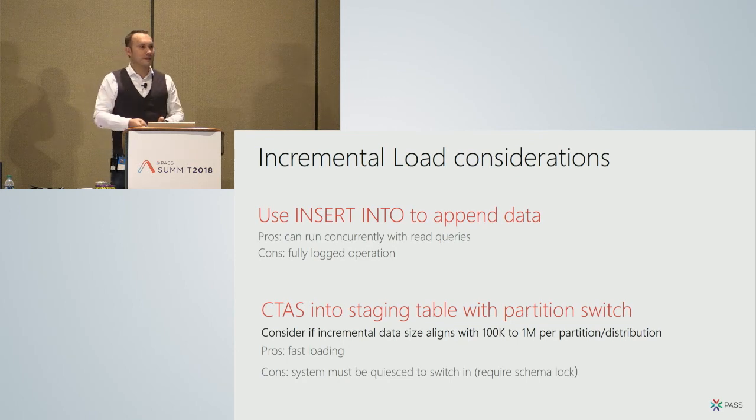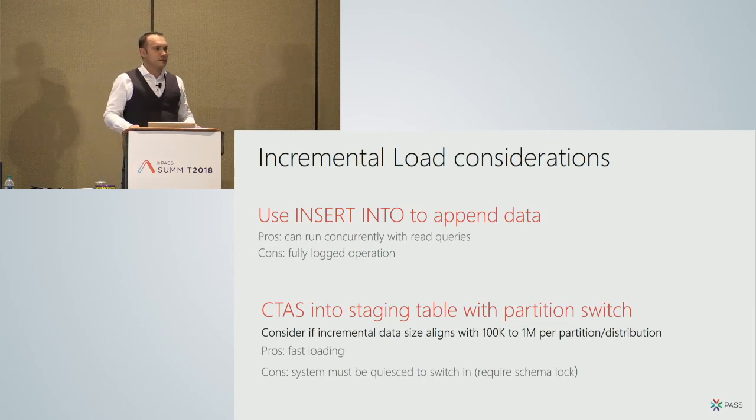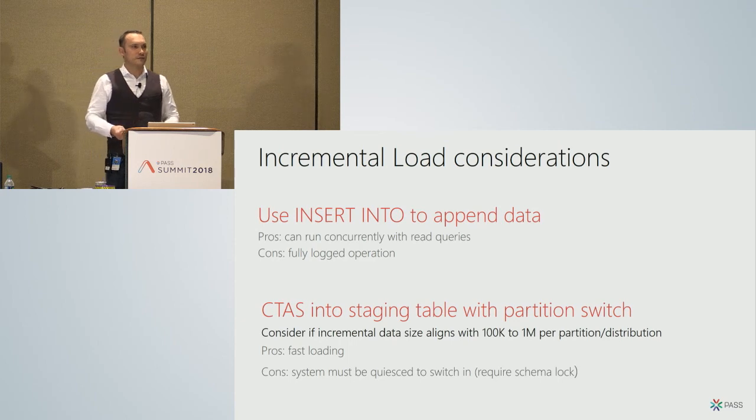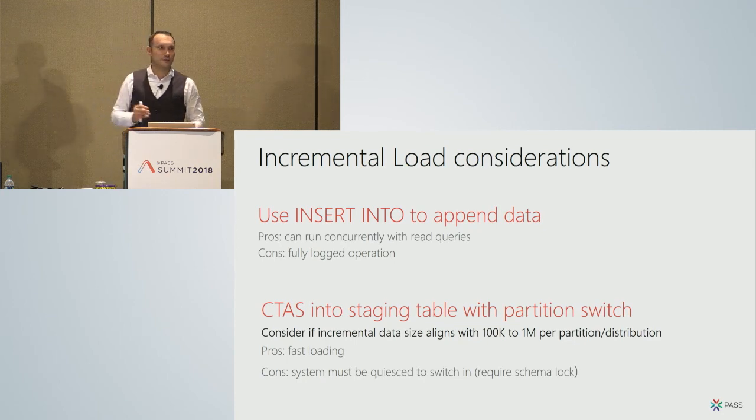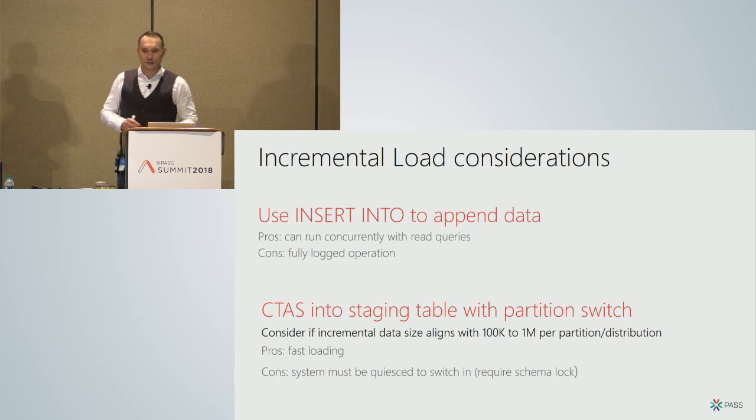So you need to stream it directly into your table. The benefit here, if you have to do an insert into, is that you are not sacrificing concurrency. You can still query your data warehouse from reporting queries and others, but the operation is fully logged, therefore it's not giving you the top performance.